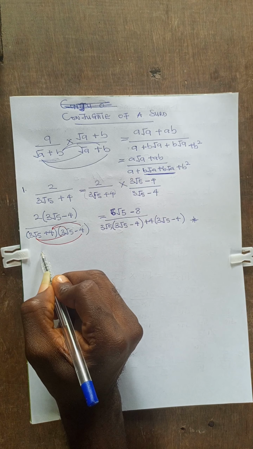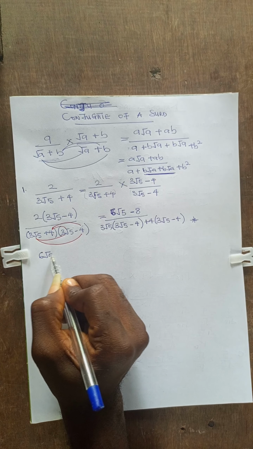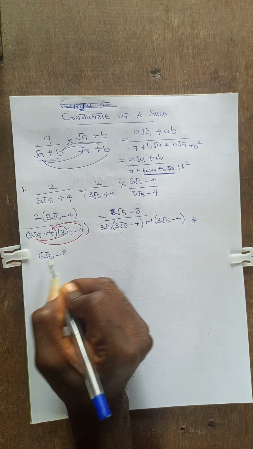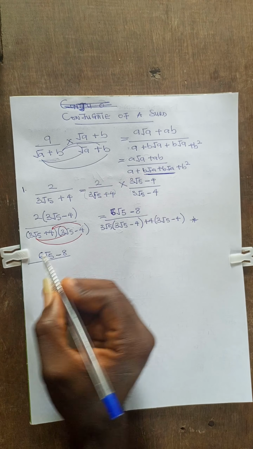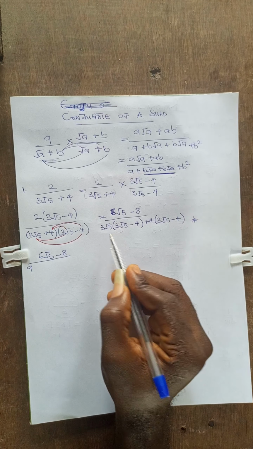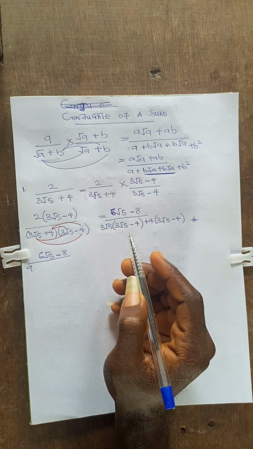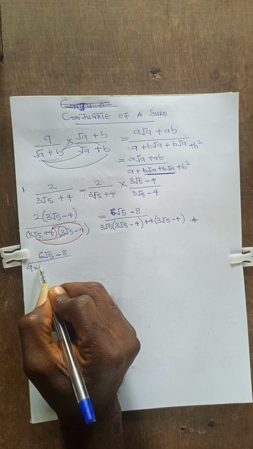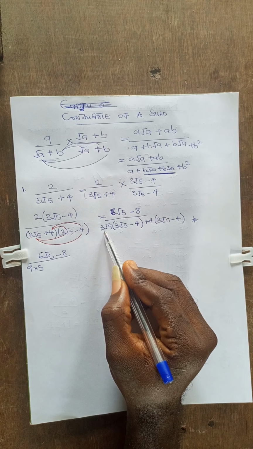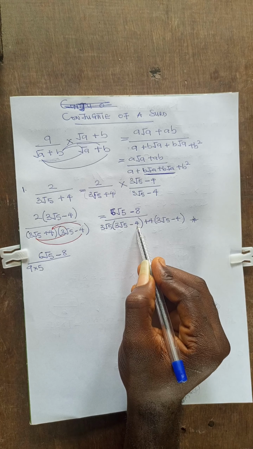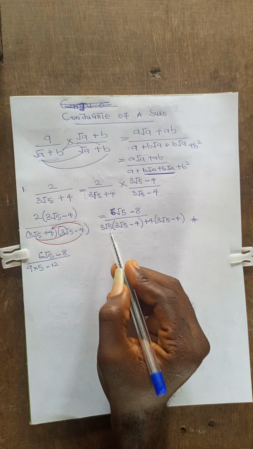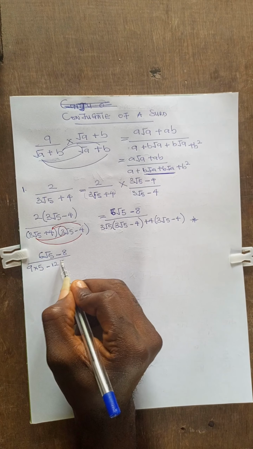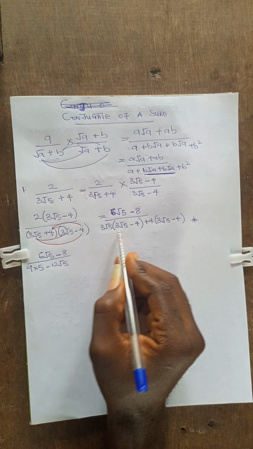So at this point, you will get 6 root 5 minus 8 all over. So you begin the multiply. 3 times 3, 9. Root 5 times root 5 is 5. So 9 times 5. 3 times minus 4, minus 12. Root here, no root here, so you put the root 5. We haven't finished this side.